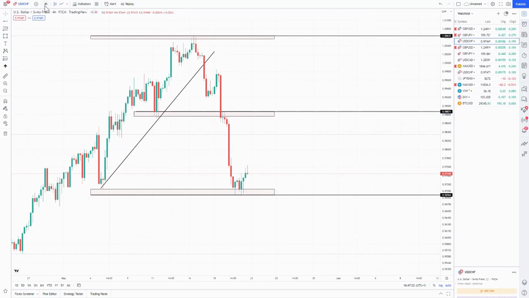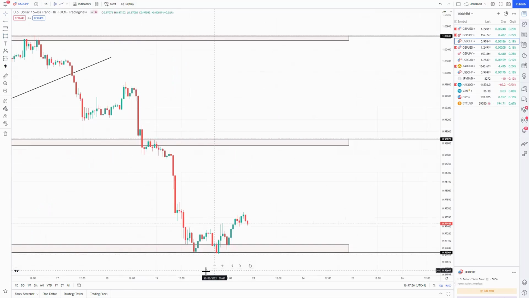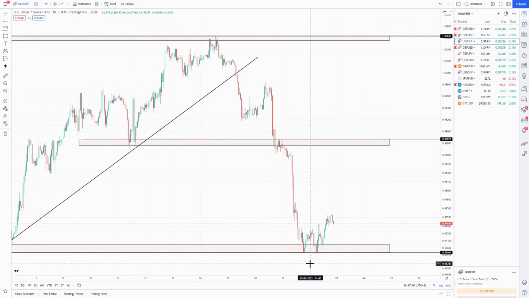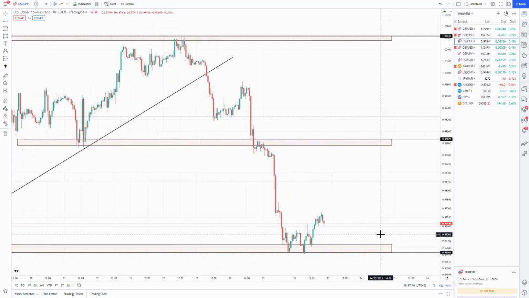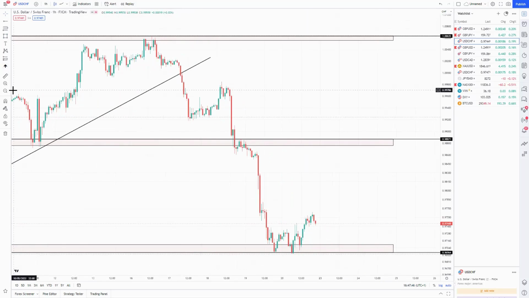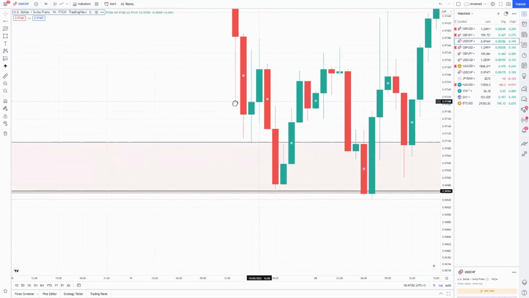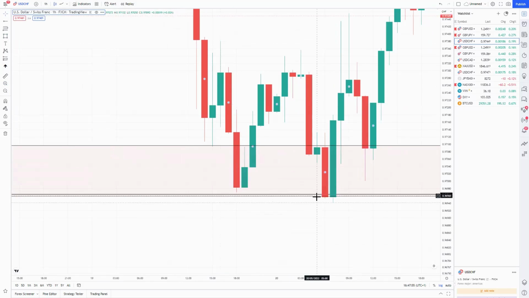So let's go down to our 1 hour time frame. Okay, this is what is happening on USDCHF on the 1 hour time frame. And if you let me zoom in, can you guys see something like a triple bottom here? 1, 2, and 3, and we have our necklines here.